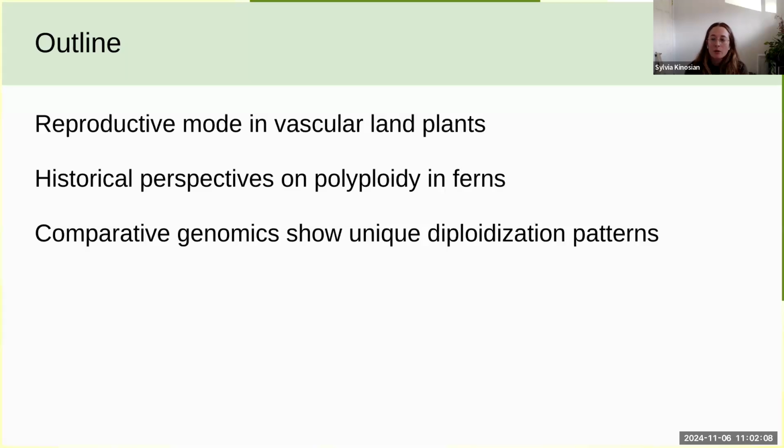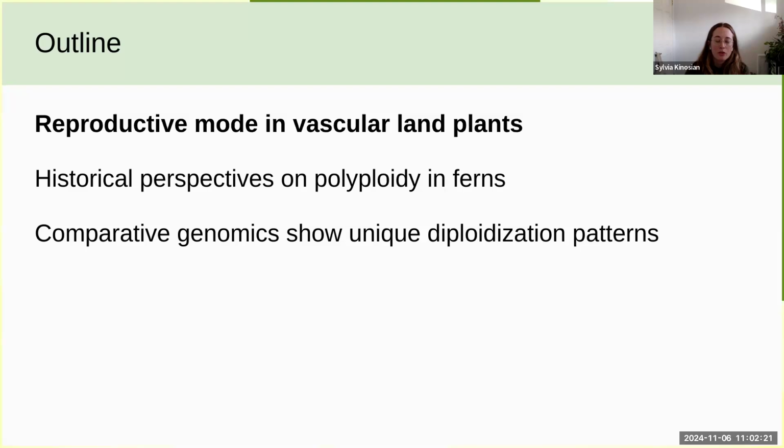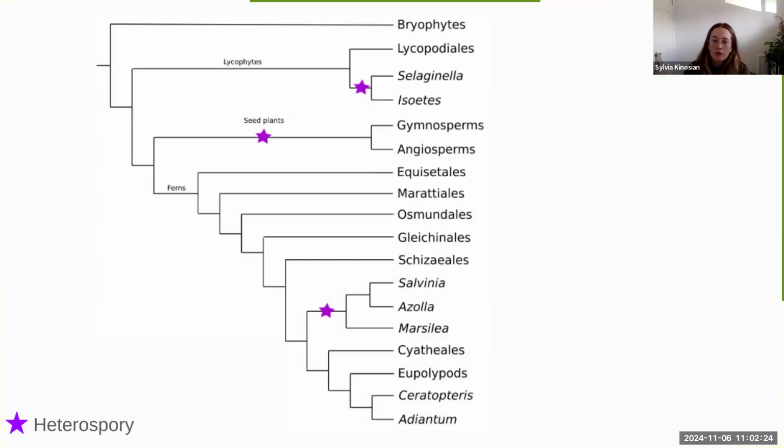And then I'm going to talk about some of the work I've been doing in the Barker lab, in collaboration with some other members of the lab, to understand the unique diploidization patterns in homosporous plants and ferns, specifically using comparative genomics.